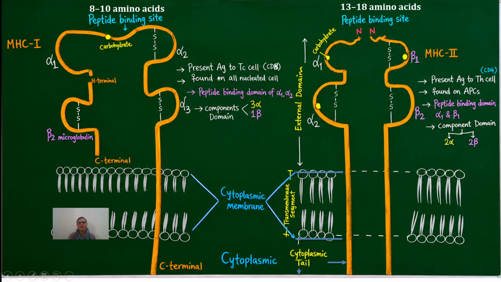We already know that all nucleated cells contain MHC 1 molecules, but MHC class 2 is found only on antigen presenting cells. Here the main components are 2 alpha and 2 beta chains, beta 1 and beta 2. In class 1 there are three alpha domains, alpha 1, alpha 2 and alpha 3, and one beta 2 microglobulin domain. So this is the structure, you can easily remember it.